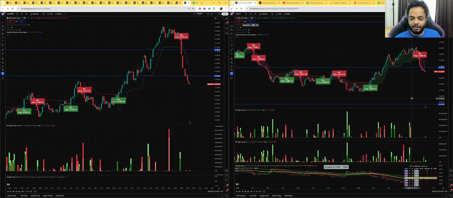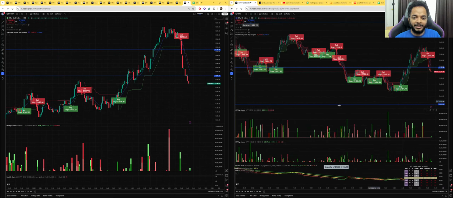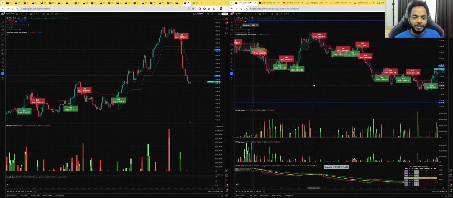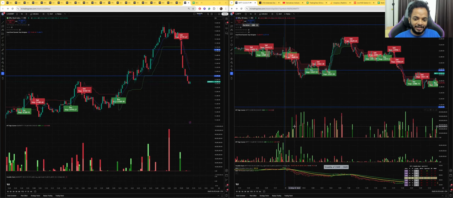Talking about Nifty, recapping: in the morning, here is the sell signal, and call writing even happened in Bank Nifty at that moment. Then going below, the put writers were active.